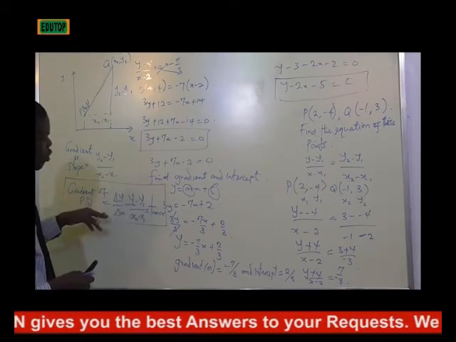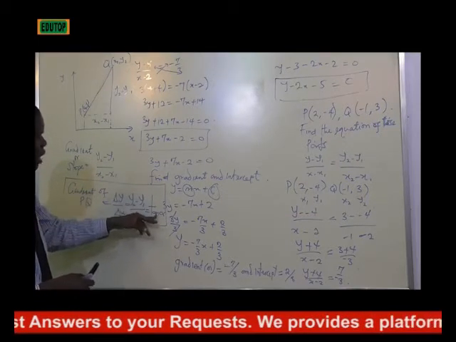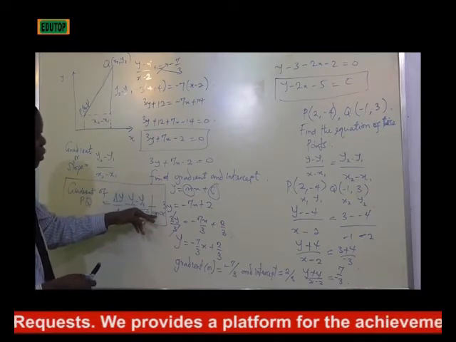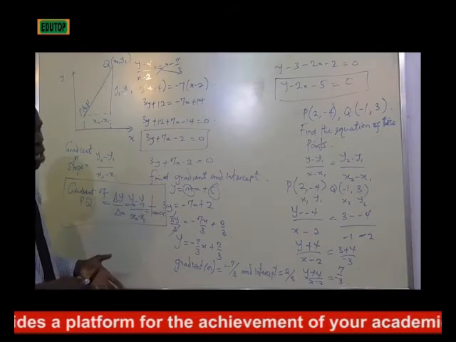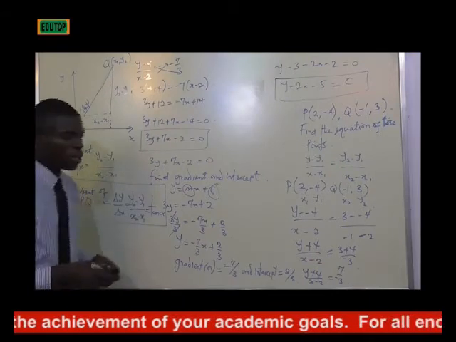The first thing to do is determine the gradient. After determining the gradient, you equate its value to tan alpha, make alpha the subject of the formula, and that gives you the angle between those two points.